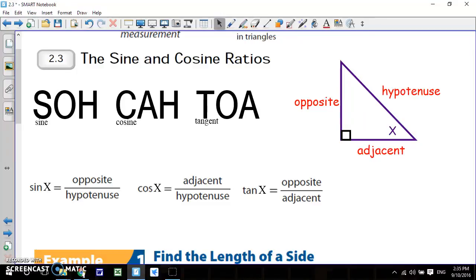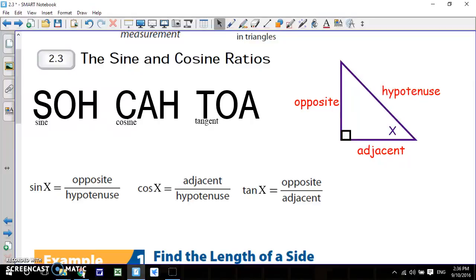Sounds funny, but it's very useful in helping us remember that sine of angle X is the ratio between the opposite and the hypotenuse. That's why it's S for sine, O for opposite, and H for hypotenuse.